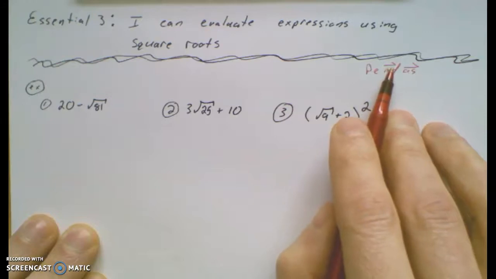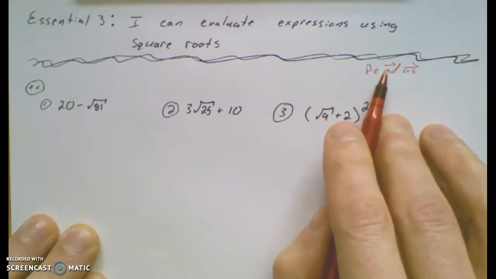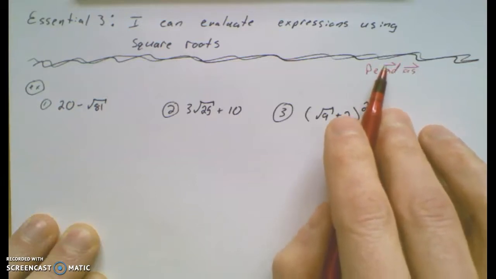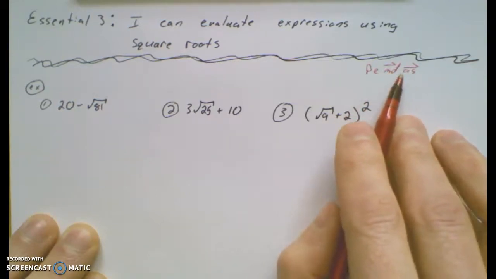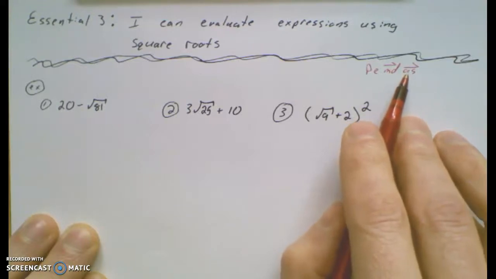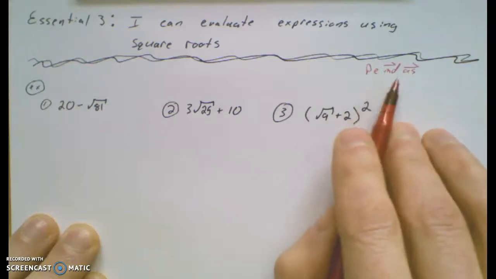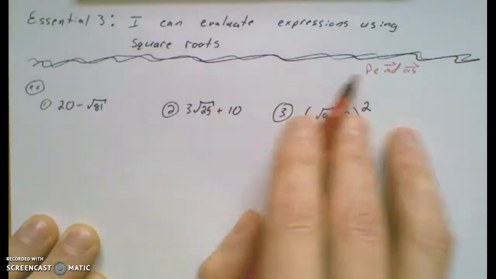That's what that little arrow on the top means, right? We're not doing multiplication and then division. We're doing them at the same time from left to right. Same with adding and subtracting. Okay, so that's all we're doing.